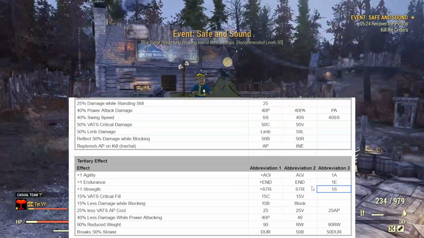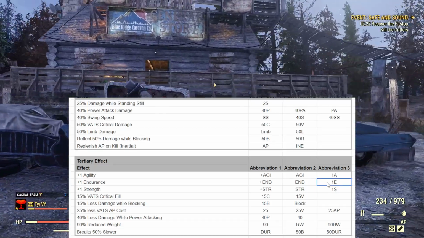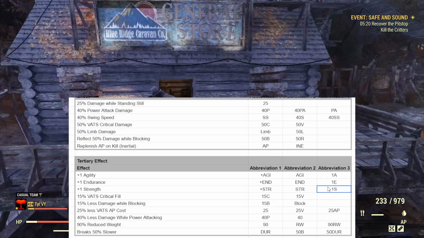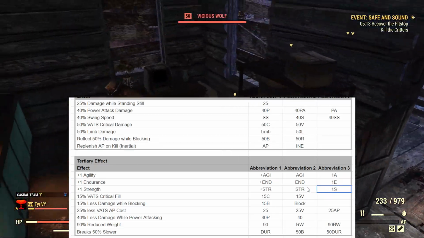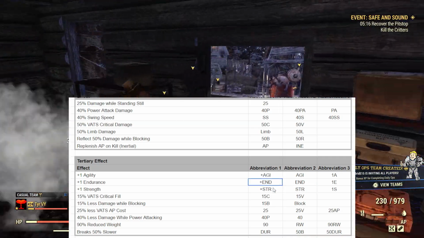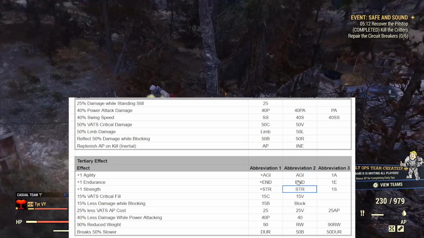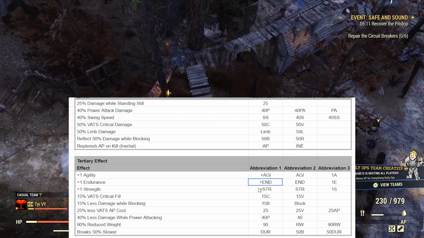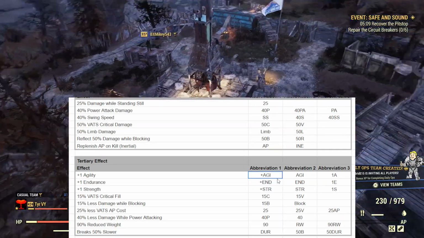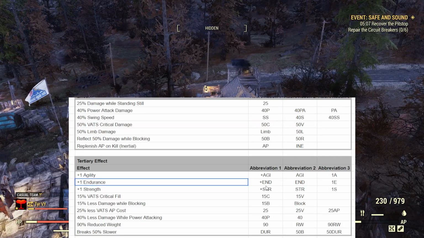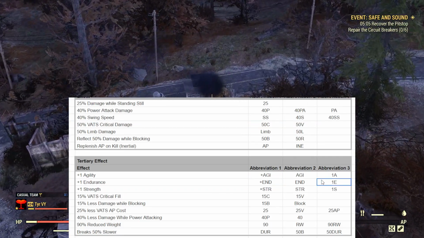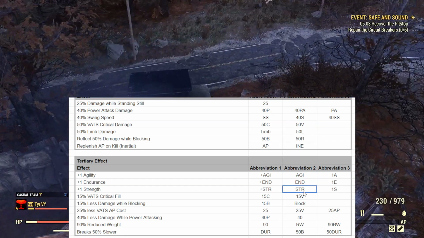So for endurance, it will probably be plus 3E, strength plus 3S, and so on and so forth. Or you could just write out the abbreviation for the special itself, like END means endurance, STR means strength, AGI means agility, and so on. These will never change. This will be pretty easy to adapt to, but I just want to make that known for you guys.